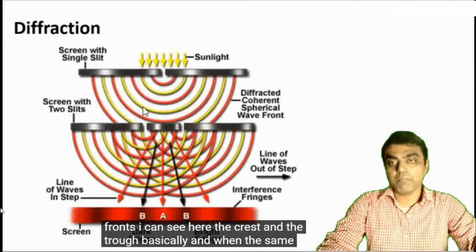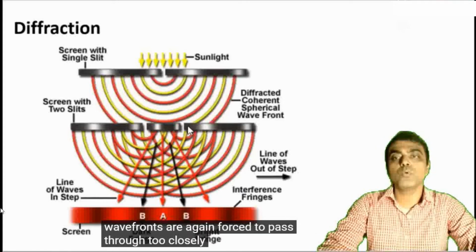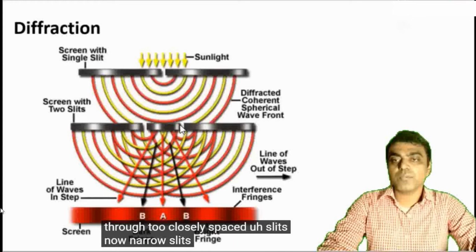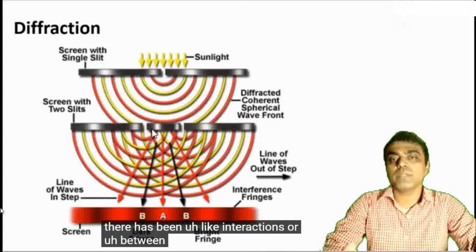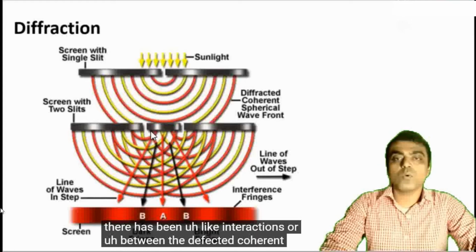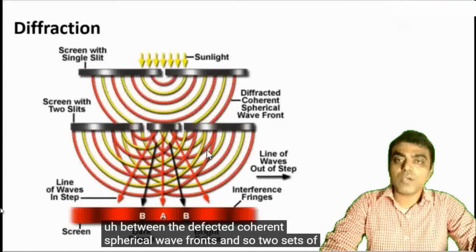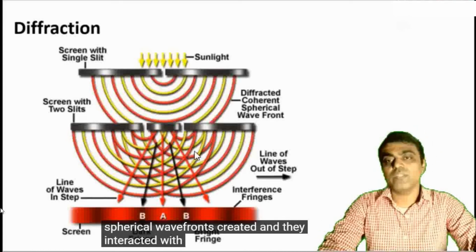When the same wave fronts are again forced to pass through two closely spaced narrow slits, there are interactions between the diffracted coherent spherical wave fronts. So two sets of spherical wave fronts are created, and they interact with each other.